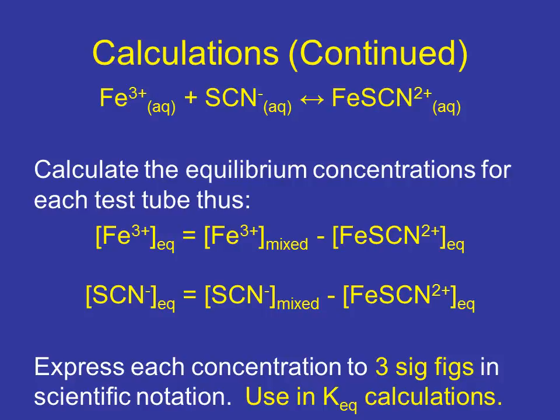The equilibrium concentration of thiocyanate is equal to the thiocyanate concentration upon mixing minus the thiocyanate iron concentration at equilibrium. When you do your calculations, express each concentration to 3 significant figures and use scientific notation. And make sure you use those values when you do your equilibrium constant calculations.